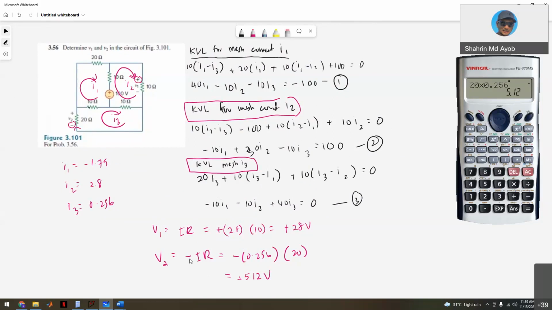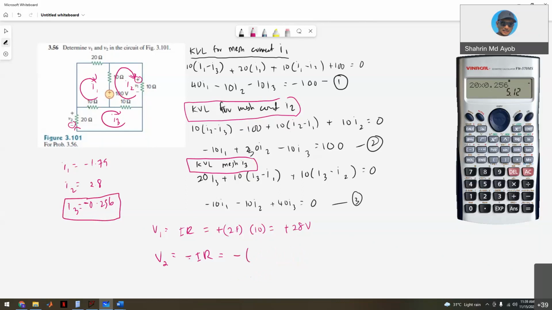Understood. For example, your I3 is negative 0.256 based on the calculation. Okay, just an example. So just stick to the I3 direction. The I3 direction is entering the negative terminal, so your V is negative.